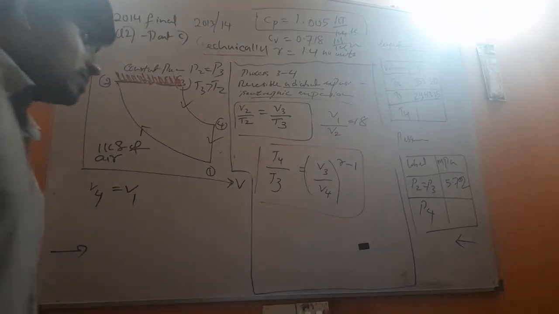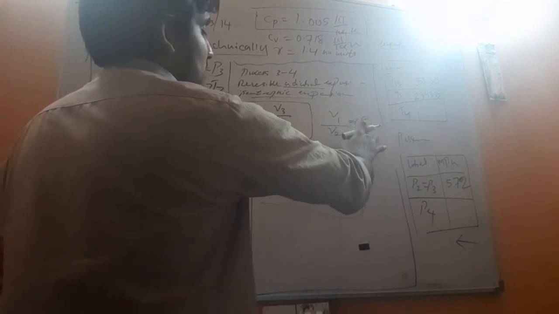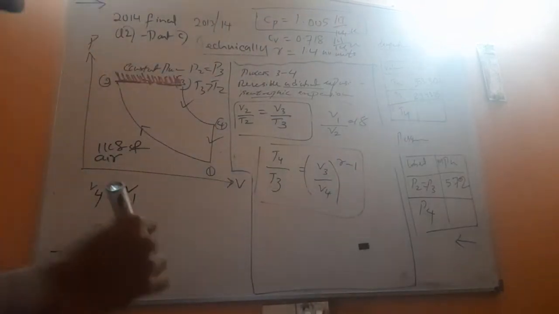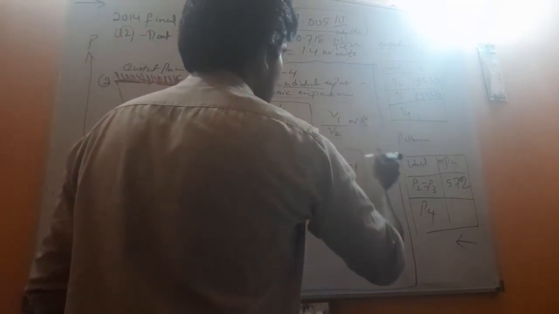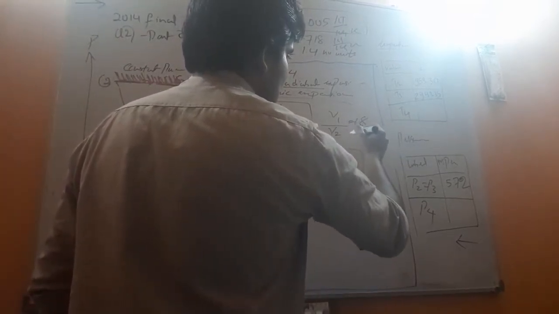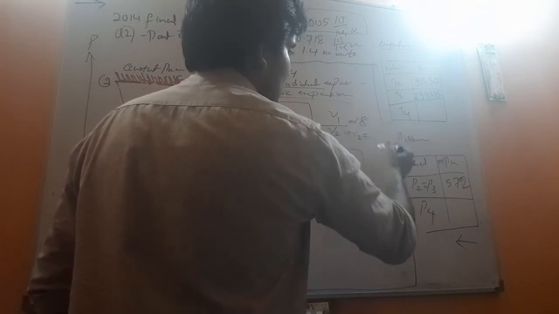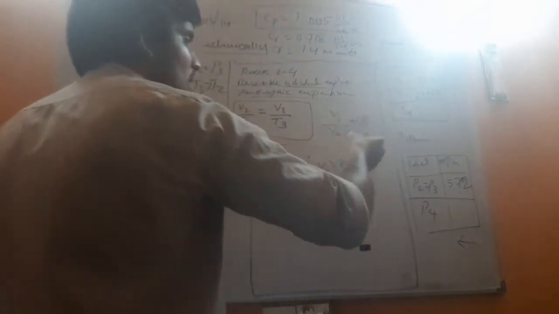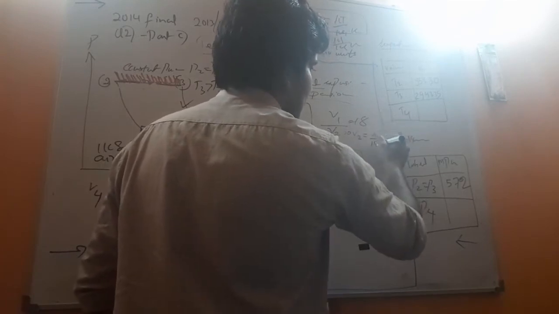And also V1 divided by V2 equals 18. This means you can write V2 in terms of V1. So V2 equals V1 divided by 18.